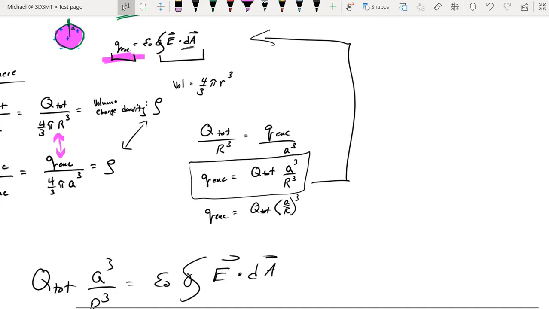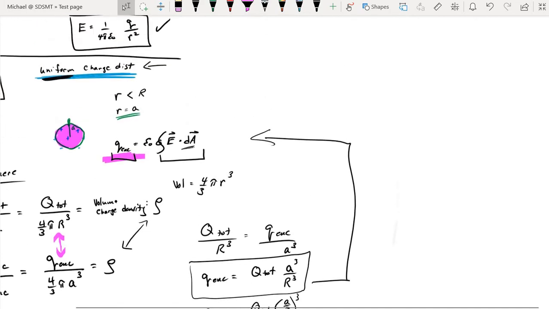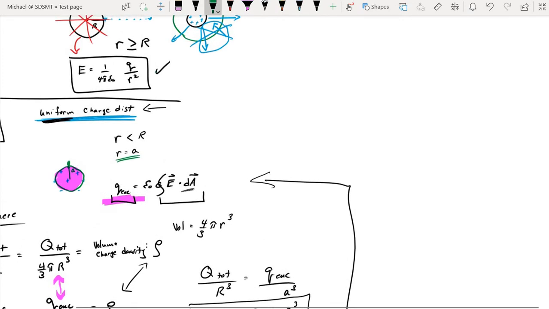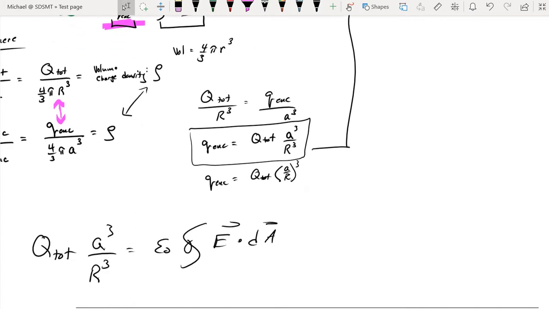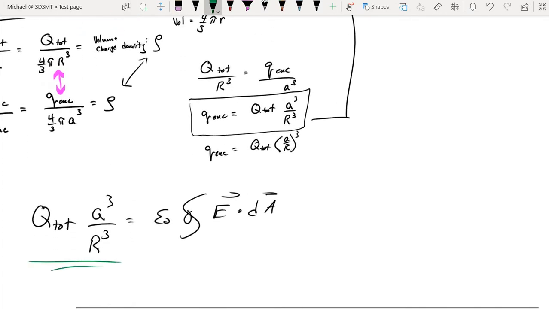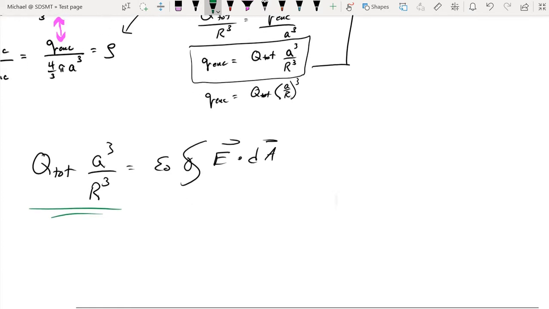We've already solved for the electric field at the surface, and it is the point charge expression right here. The only thing that we need to do is update the values of the charge and the radius that we're sitting at. Well, the charge that we're using is right here, and the radius we're using is A, so that's taken care of.